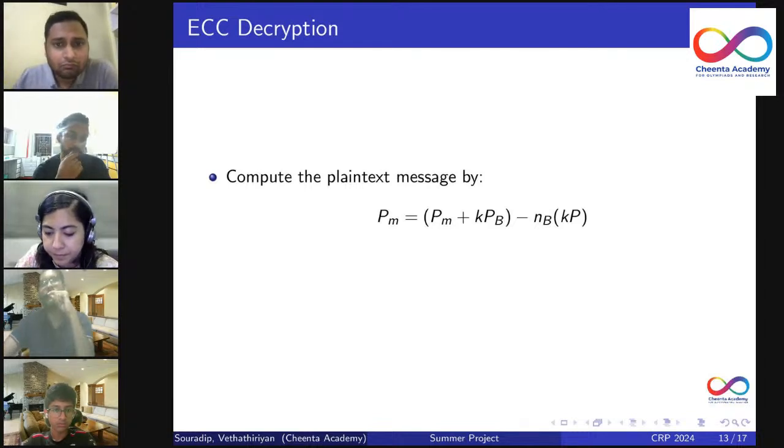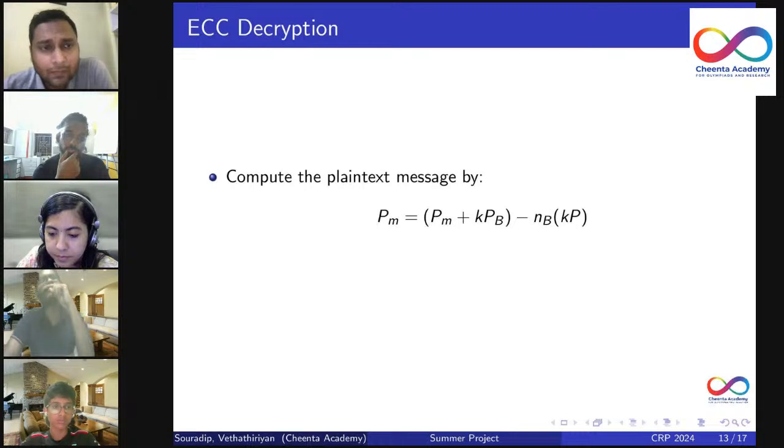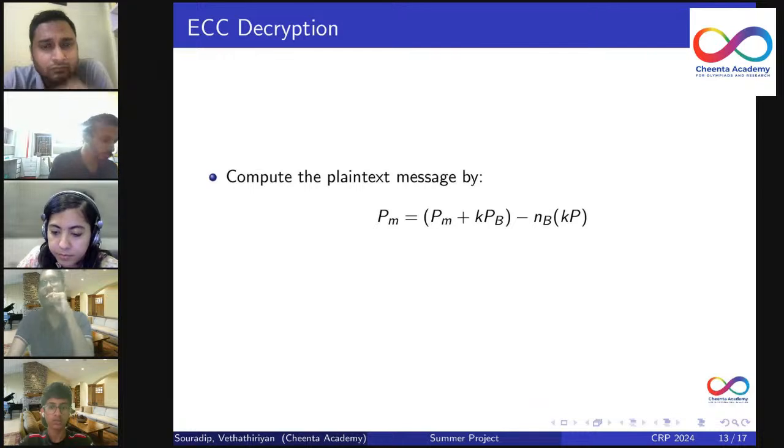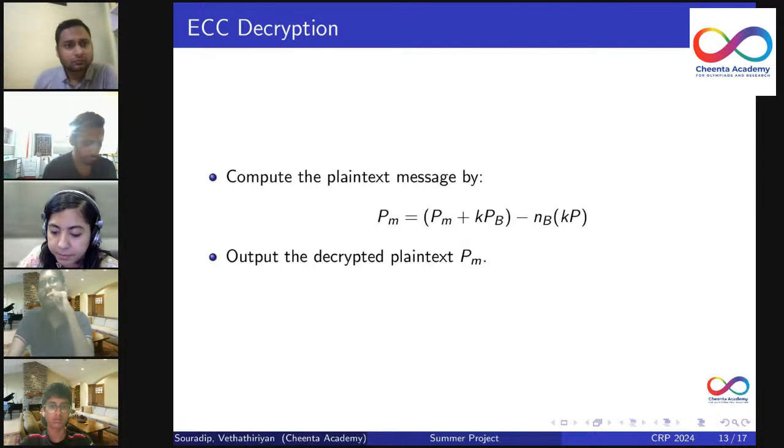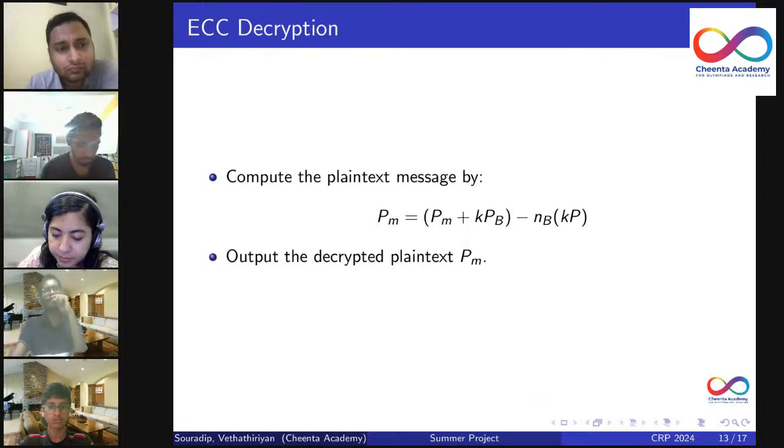And because we had chosen PB to be equal to P times nB, the k PB and nB k P will cancel each other, and we will be left with PM. So the receiver will get the message PM, and then we output the decrypted plain text to the receiver.